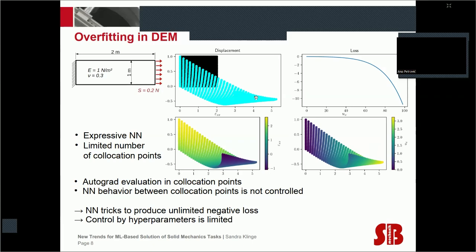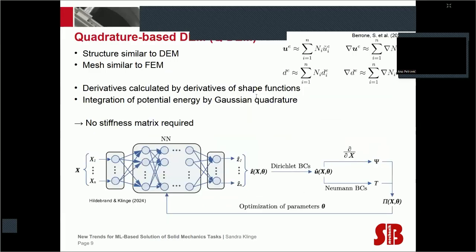So we had to improve this basic formulation of the problem, and we did that by introducing a kind of post-processing where we add additional information to the deep energy method about the connectivity of collocation points, and we did a kind of interpolation.